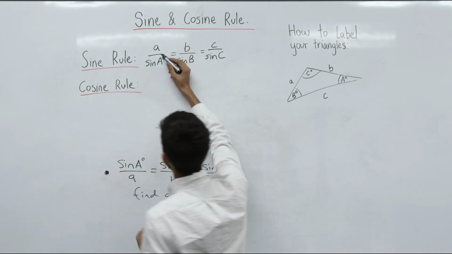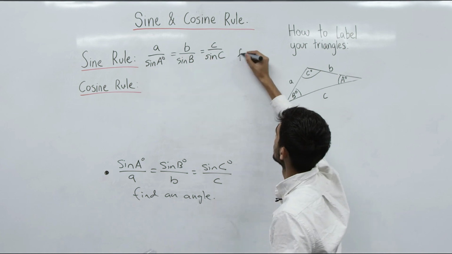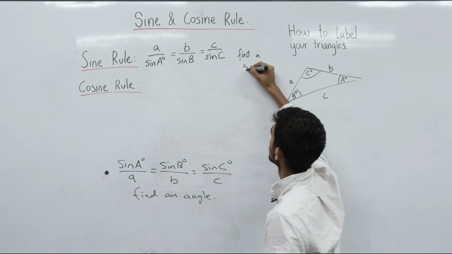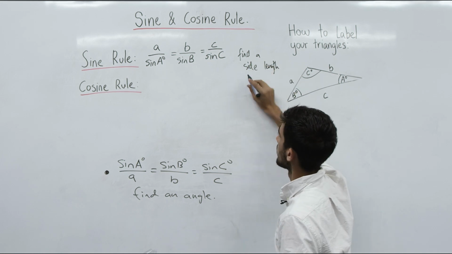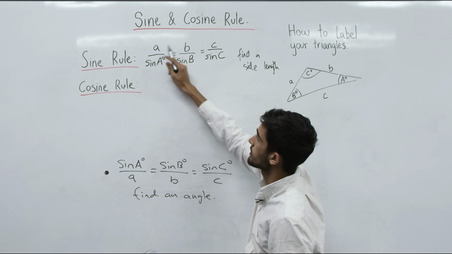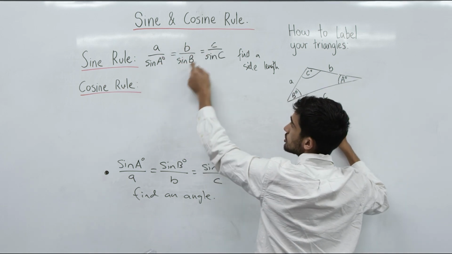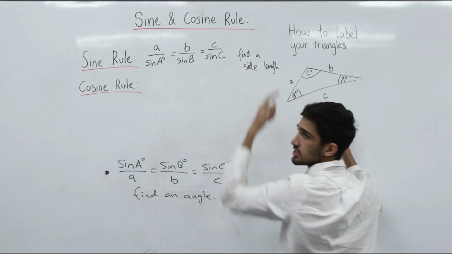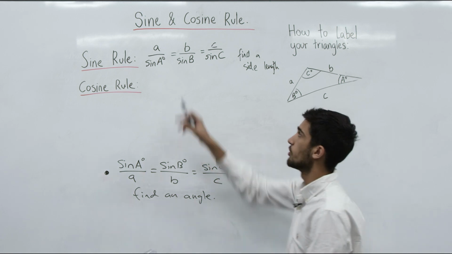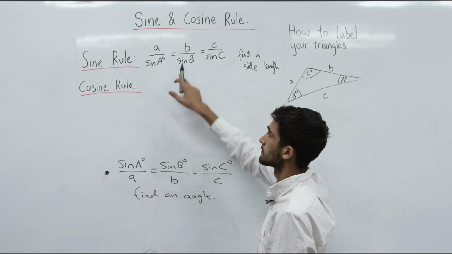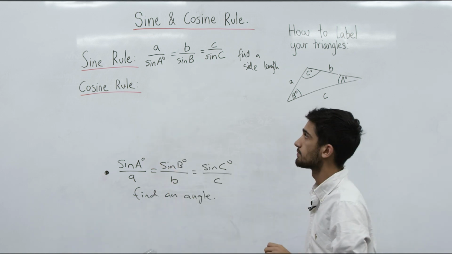I would use this variation of the sine rule to find the length of a side, because here we have the lengths of the sides, a, b, and c, on the top of the equation, so it's less work to rearrange the equation to solve for those variables. No matter which one you use, though, you'll still get the right answer. It's just a matter of how much work you have to put in to get the correct answer.